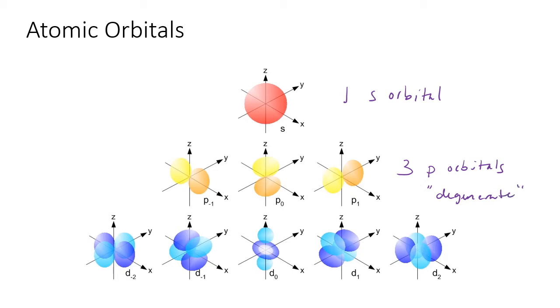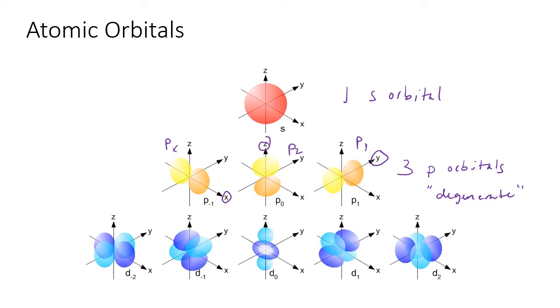And you'll often see them differentiated as p sub x. Notice it lies along the x-axis. This would be p sub z, lying along the z. And then this would be p sub y, lying along the y-axis. But they're all equal energy and they're really all the same. They just have a different orientation in 3D space.